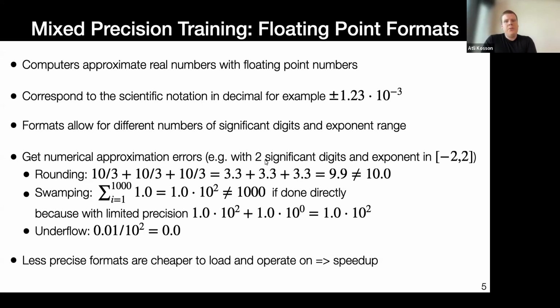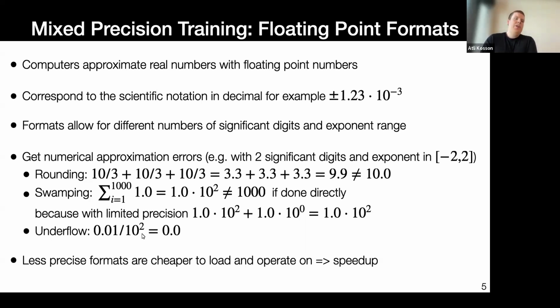If again we do something like this for our hypothetical number format with 2 significant digits, once we hit 99 here, which we can represent, we can go to 100, but if we add 1 to 100, we can no longer represent this change in this precision. So if we sum 1,000 numbers, like 1.0, we end up with 100. We do not end up with 1,000. This is called swamping.